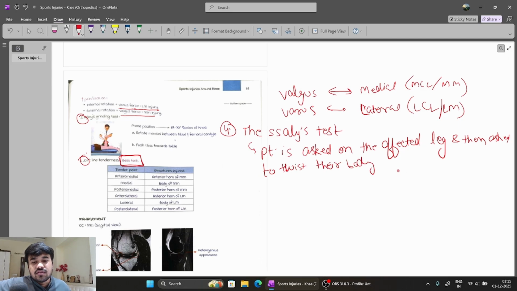If the patient complains of pain on such a maneuver, then that is a positive test and suggestive of meniscal injury.